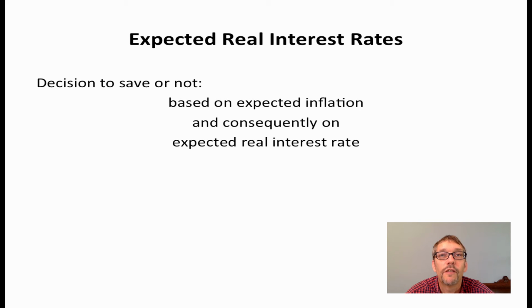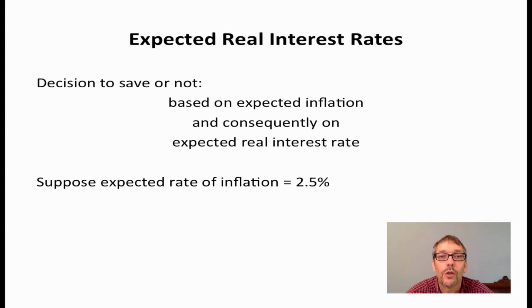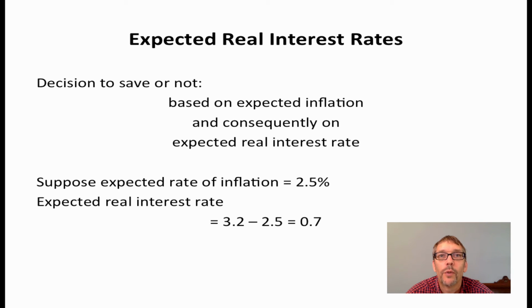Suppose that you expected the inflation rate over the next 12 months to be 2.5%. Then we can compute the expected real interest rate as the nominal interest rate on the term deposit of 3.2 minus the expected inflation rate to give an expected real interest rate of 0.7%. The question then is, is this sufficient to induce you to save the additional $10,000?